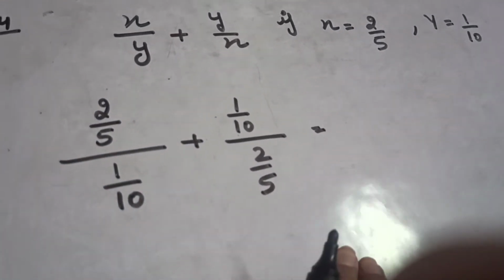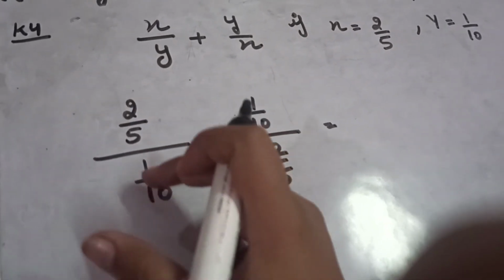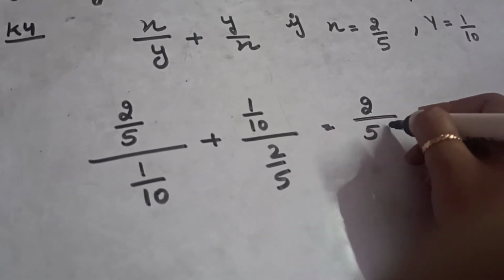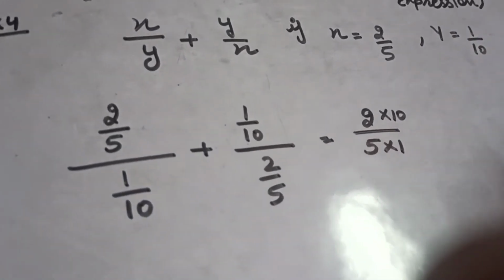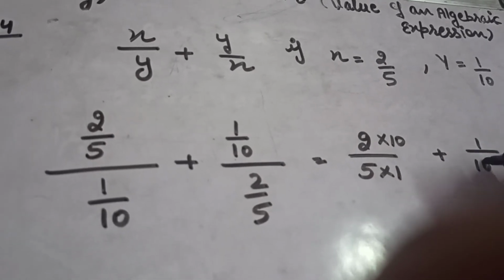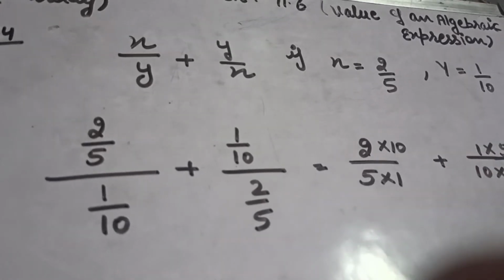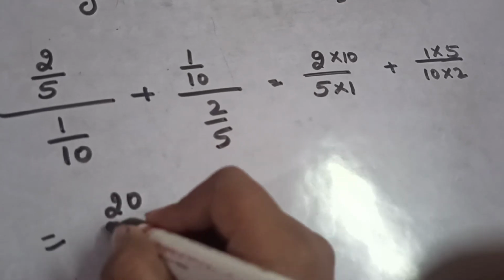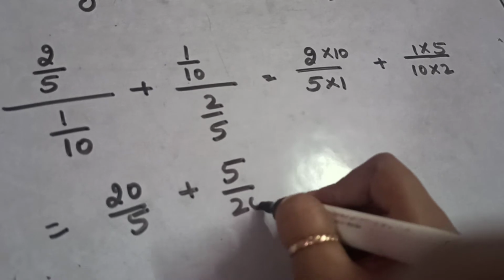And this you know, in 5th class also I told you, when the numbers are like this, then this 5 will come here with 1 and this 10 goes up, plus 1 by 10 multiply with 2 and this 5 goes up, right? So it equals 20 by 5 plus 5 by 20.